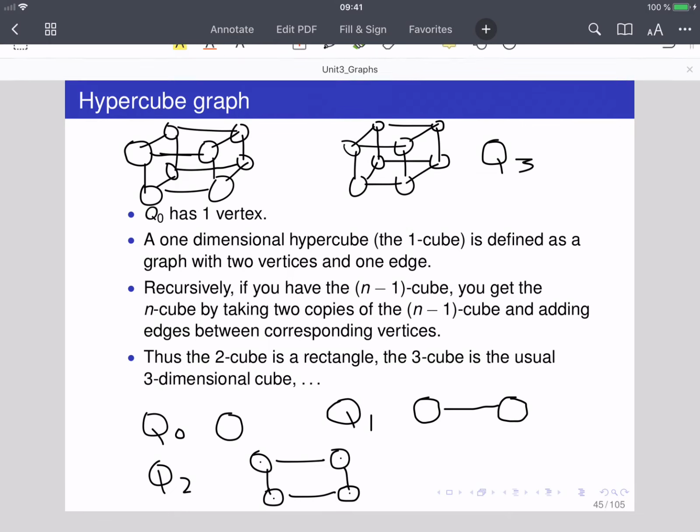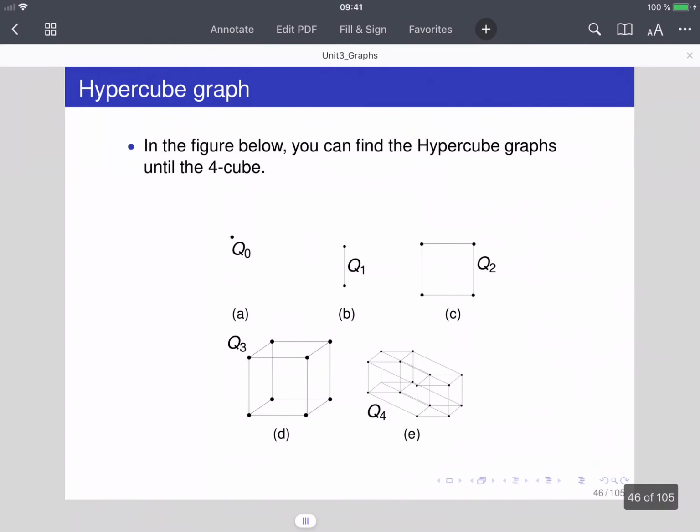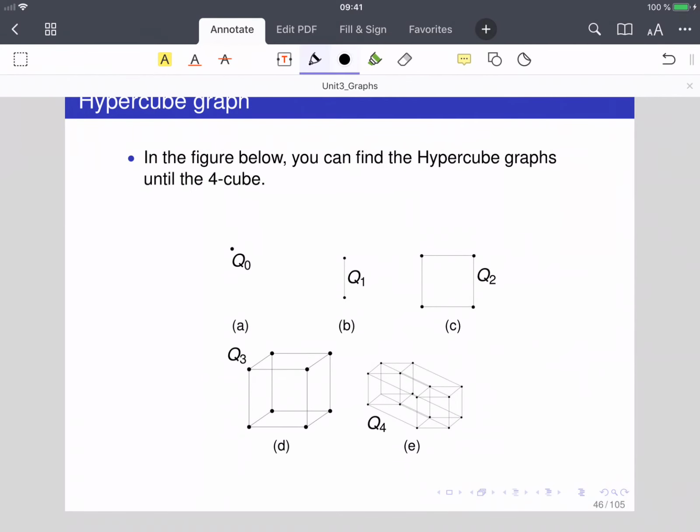If I do the same with dimension 4, which I'm not going to do, you can do it on your own if you want to, but here we have an example of two cubes connected in a way that we form the Q4 hypercube graph. This is also what usually is called the tesseract. Okay, maybe you know that name.